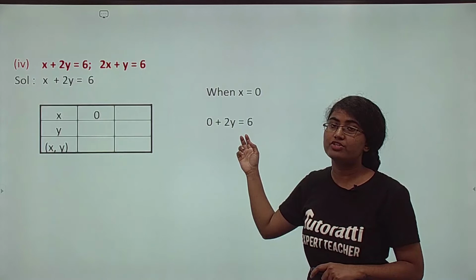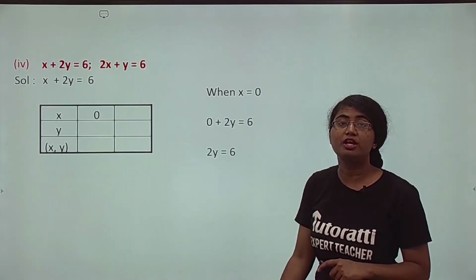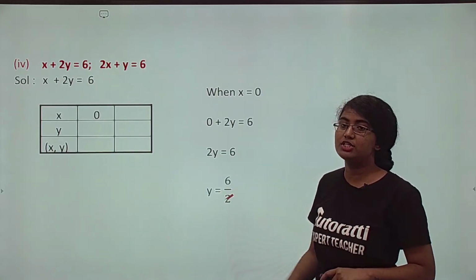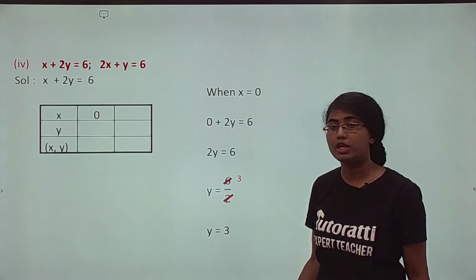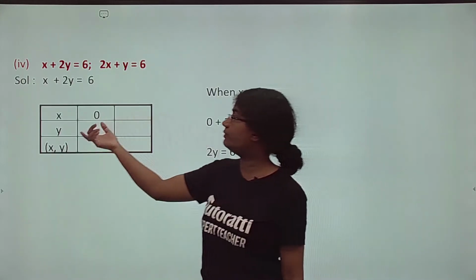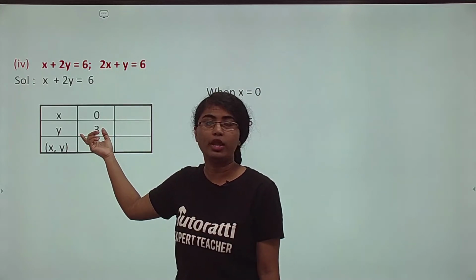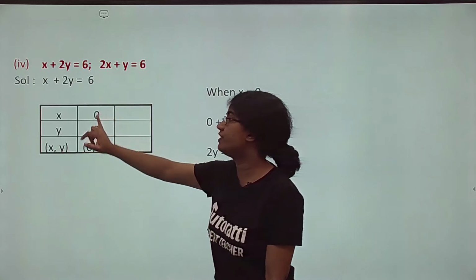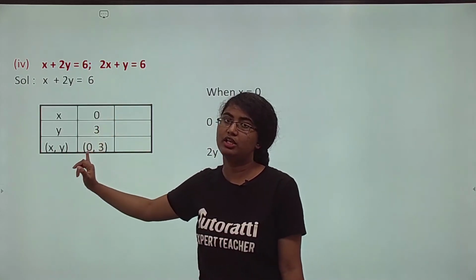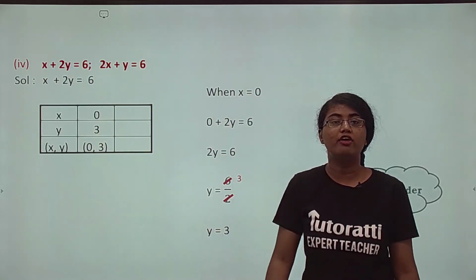And then you can obtain the value of y, which is 2 ones are 2, 2 threes are 6. So the value of y is 3. Where will you write this? Right below your 0. And then the point will be 0, 3: x variable first, y variable next. So this is the first point.